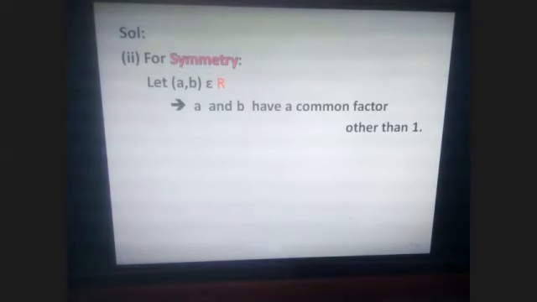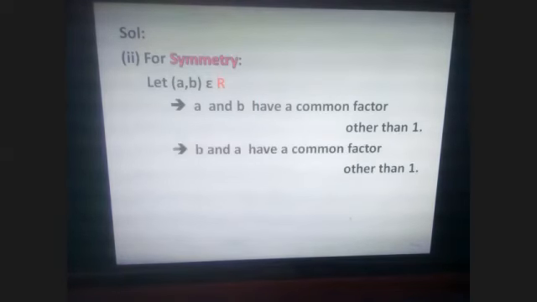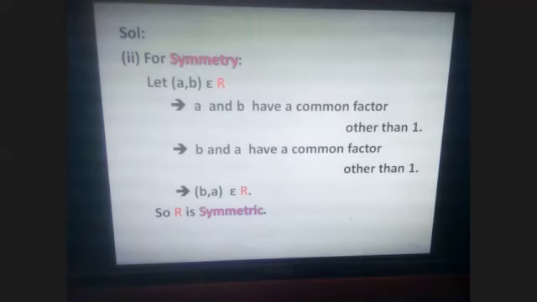Of course, when a and b have a common factor, it makes no difference, b and a have the same common factor other than 1. It's obvious. So when (a, b) is a member of R, a and b have a common factor, that will very much imply that b and a also have a common factor, that is (b, a) belongs to R. So R is symmetric. Are you getting along?